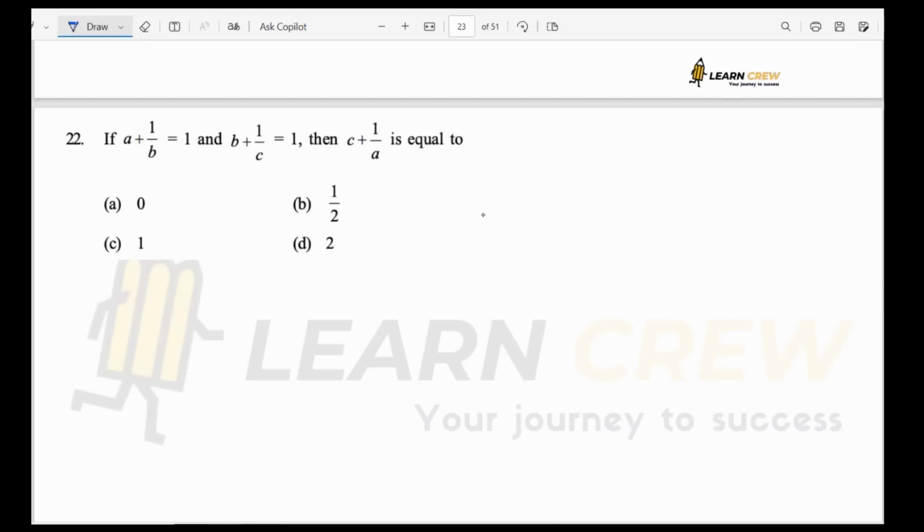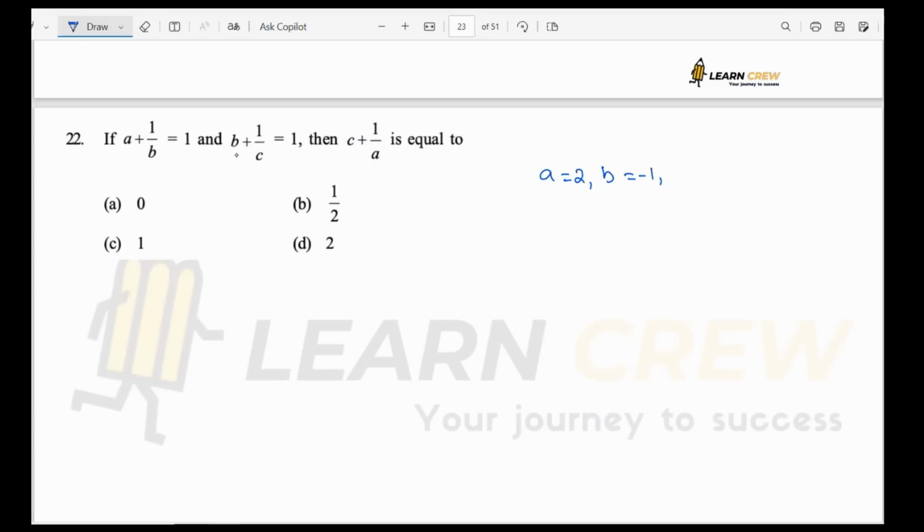I am taking c here. a plus 1 by b is equal to how much? 1. I am taking a as 2, b as minus 1. Is it satisfying or not? 2 plus 1 by minus 1 is 1, or not? Yes or no? I have taken b as minus 1.